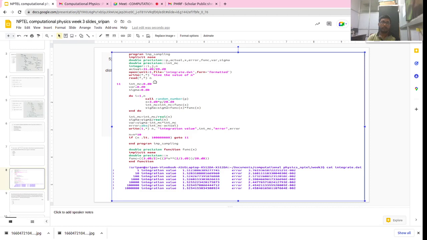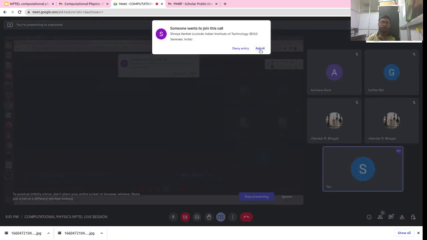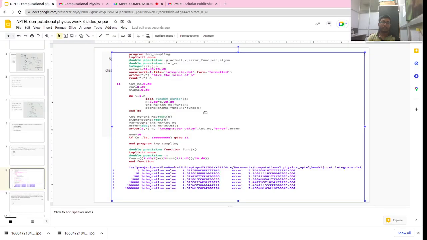And then I open a file which I will use to store the generated values of our integration for different values of n, where n is the number of random numbers. How many random numbers we generate will help us to have the error minimized.